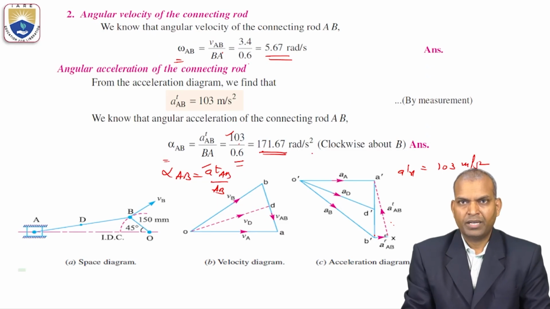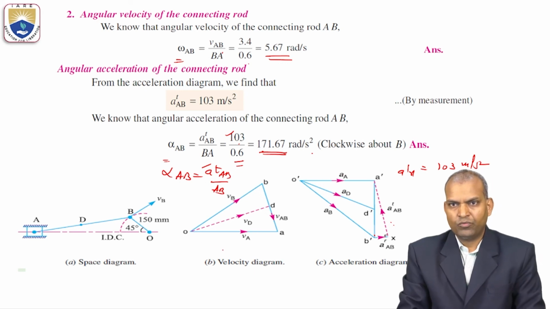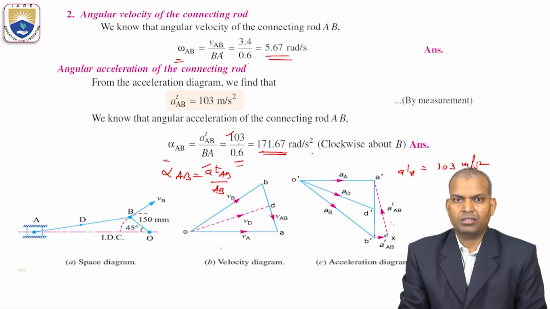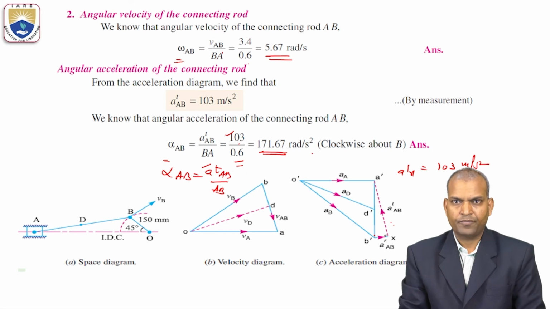Okay, that is the manner one has to solve. Let me explain how to start this problem. Whenever this type of problem is given in the examination, what do we have to do first?